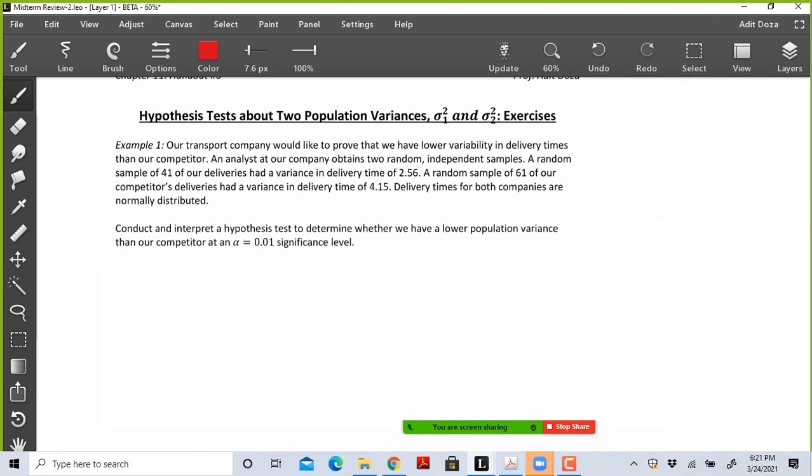So an analyst at the company obtains two random samples, sample of 41, with a variance of 2.56. Okay, and a random sample of 61, which is the other one, with a variance of 4.15. Delivery times for both companies are normally distributed.